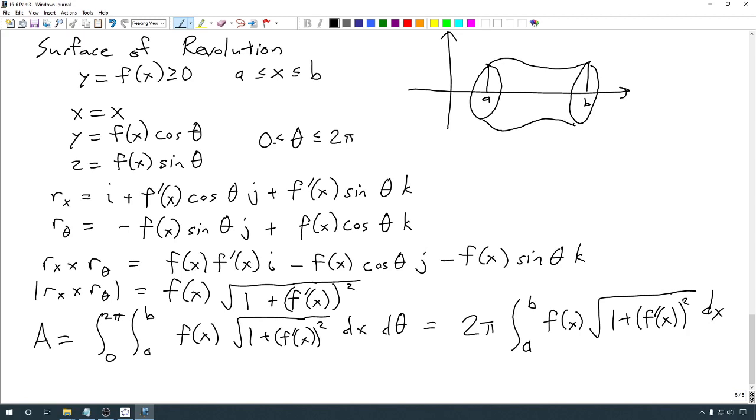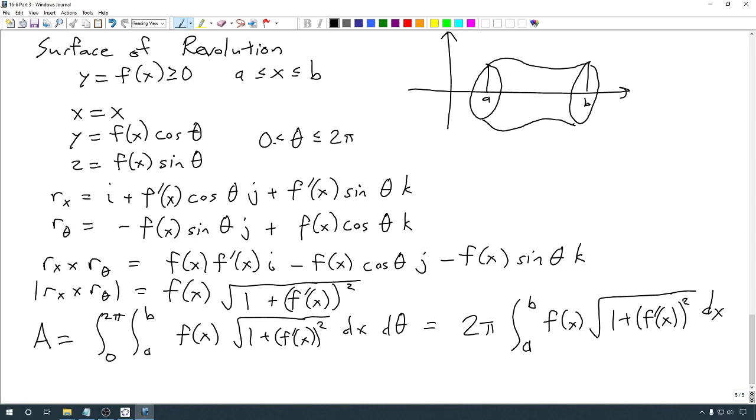And you might not remember this, but back in chapter 8, actually section 8.2, this was a formula that was derived for the surface area of a surface of revolution. It might not be as familiar to you as the actual volume of these things, where we use the disk method or the washer method, stuff like that.